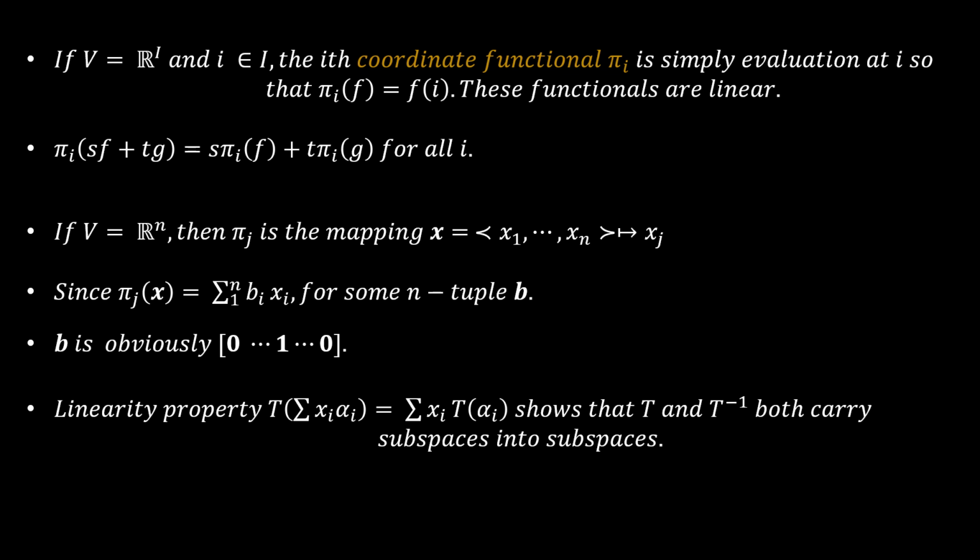And then we've also seen that if you have a linear combination of the input n-tuple with another n-tuple b, then the b for this linear functional, this coordinate functional, is 0, 0 and 1 at the specific index you're focusing on.